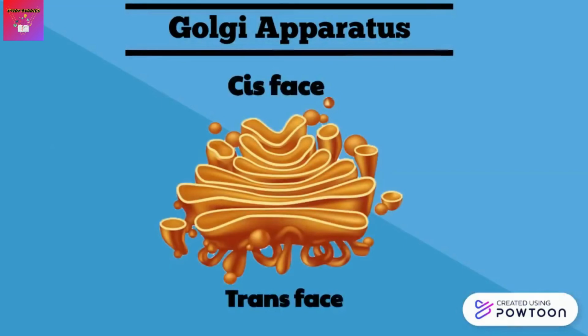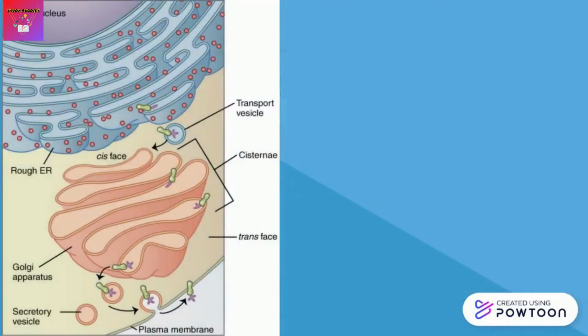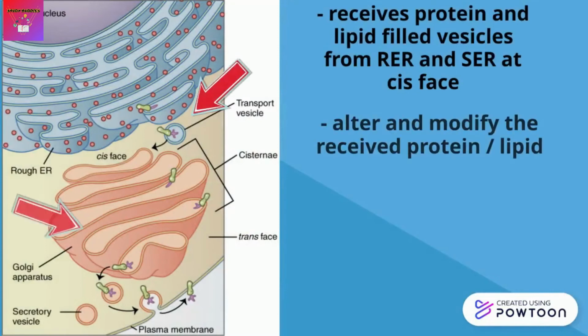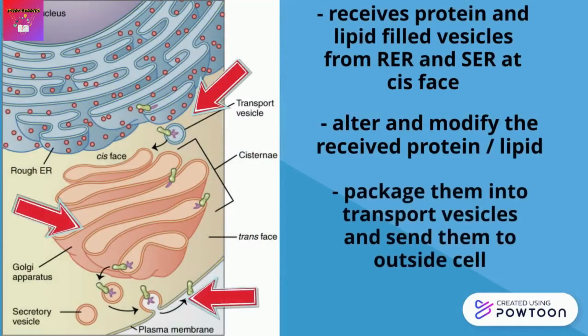So, the Golgi apparatus or GA's main function is to receive protein or lipid-filled vesicles from the RER and SER respectively at its cis face, altering and modifying the proteins and lipids by adding lipids and carbohydrates to them, and then packaging them again into transport vesicles and transporting them to various sites at the trans site of the GA. The vesicles can be sent to various sites based on their molecular address label, just like in the post office.